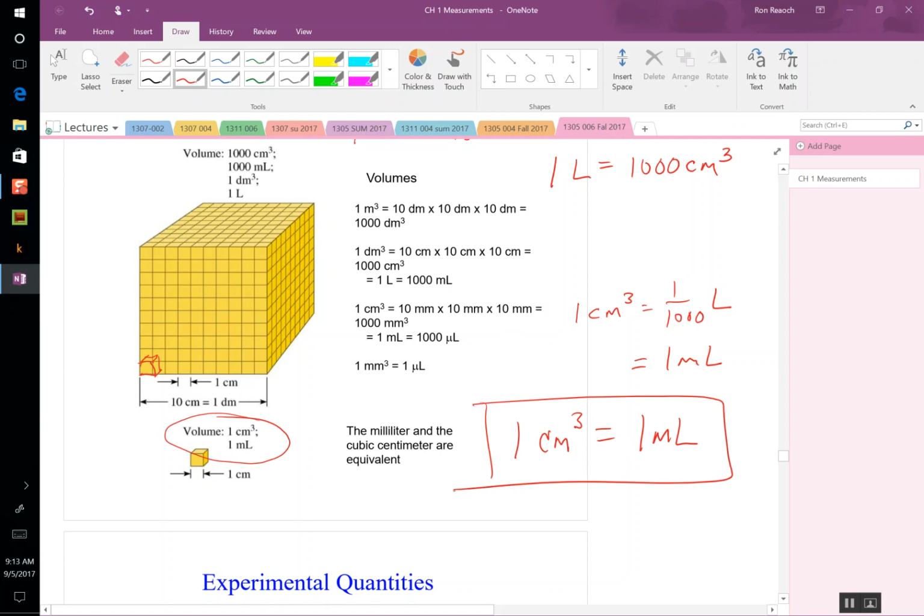They are equivalent to each other by definition, because a liter is defined as that space, and in that space there are 1,000 of these little cubes, which is 1 centimeter by 1 centimeter by 1 centimeter, 1 cubic centimeter.